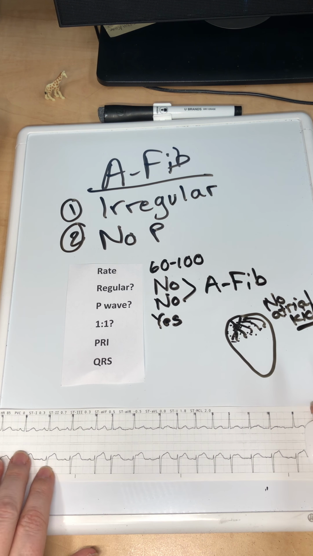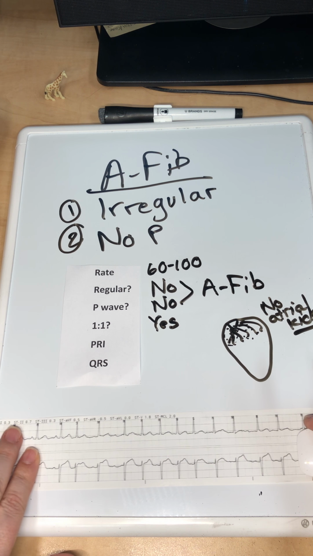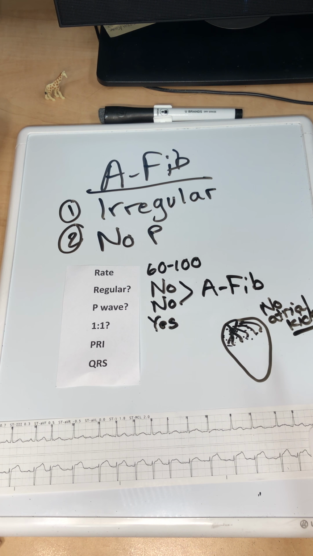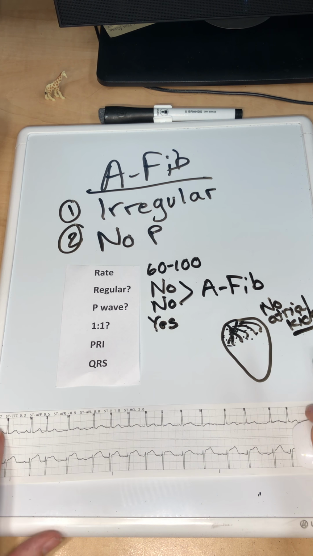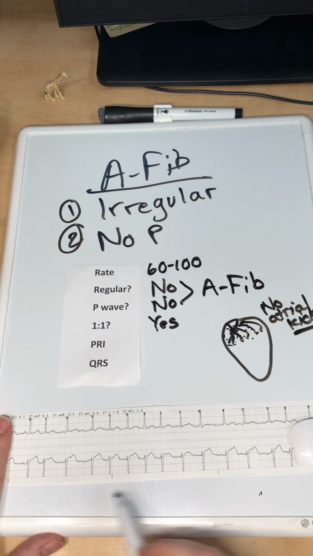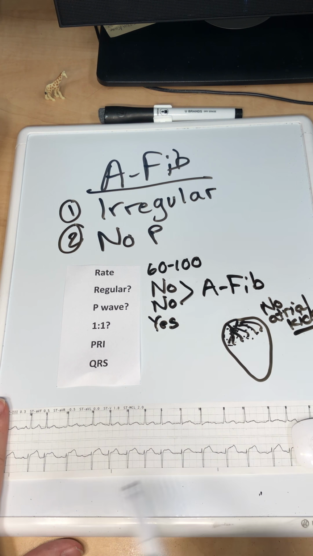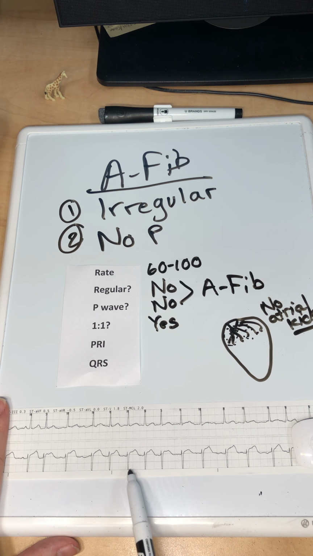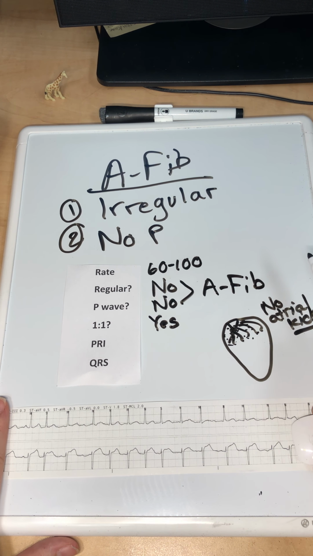Let's see how rate controlled this patient is in their AFib. Let's look here from here to here to here. So that's your 6-second strip right there. Let's count 1, 2, 3, 4, 5, 6, 7, 8, 9, 10. It's almost 11. So I would call that somewhere between 100 and 110.